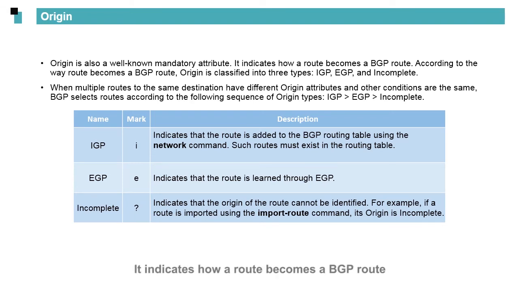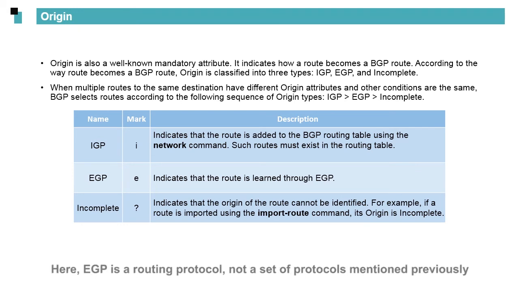It indicates how a route becomes a BGP route. Origin is divided into 3 types: IGP, EGP, and incomplete. IGP, which is marked as I, indicates that the route is imported through an IGP. EGP, which is marked as E, indicates that the route is learned through the EGP.